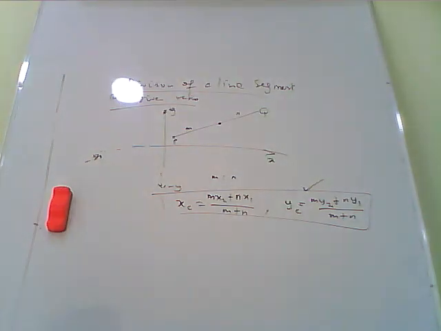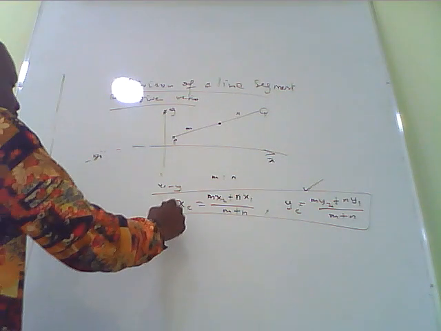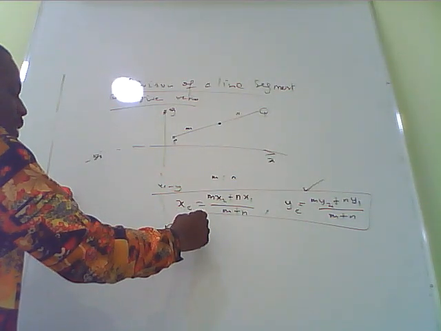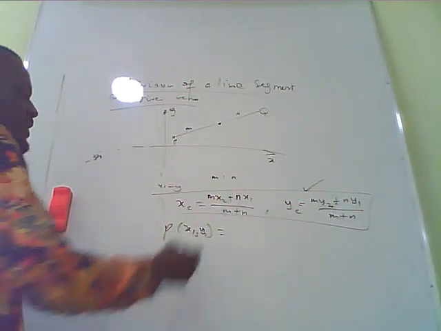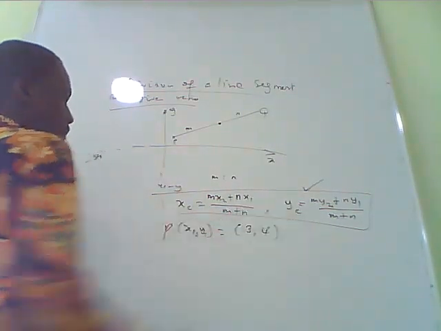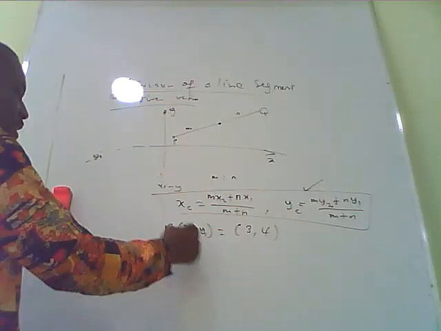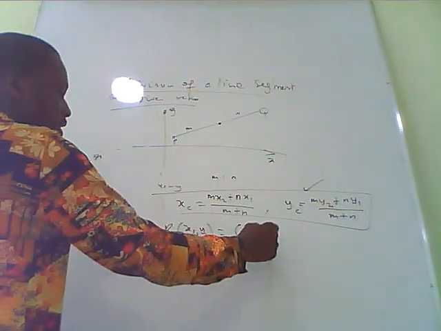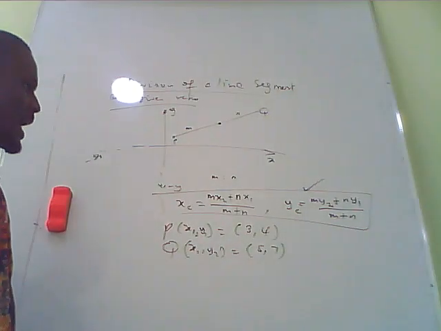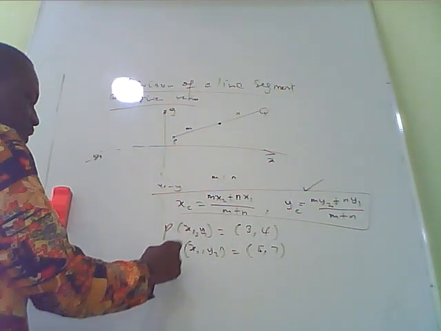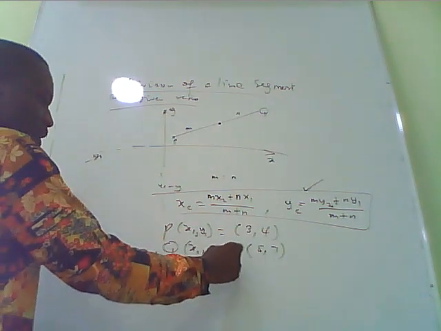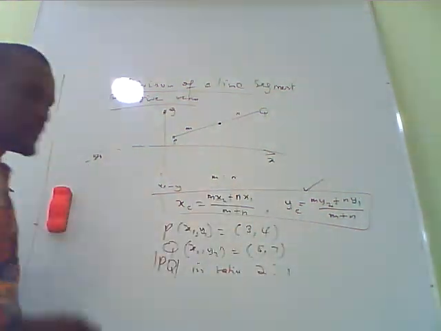For instance, let's say P has x1, y1 as the point (3, 4), and Q has x2, y2 as the point (5, 7). We want to divide the line segment PQ in the ratio, let's say, 2 is to 1.